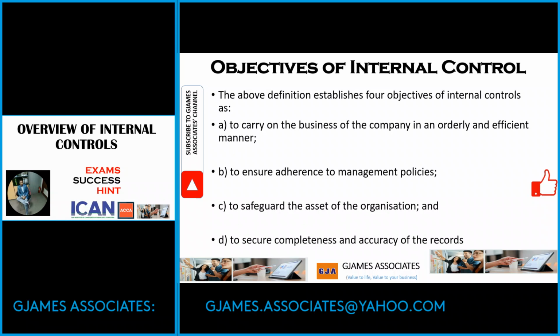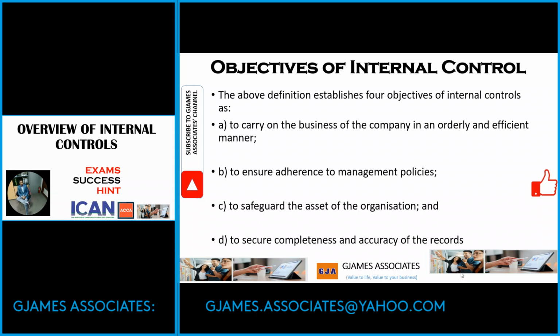So therefore, this objective is derived from the definition of internal control, which is the totality of the controls or policies put in place by the management to safeguard primarily the assets of the organization, of course, to cause orderliness to be in place, completeness of our records and the like.